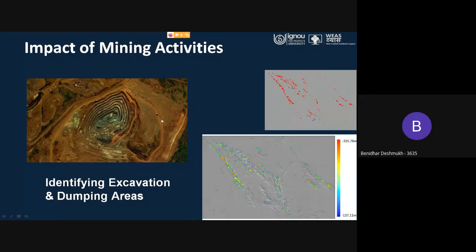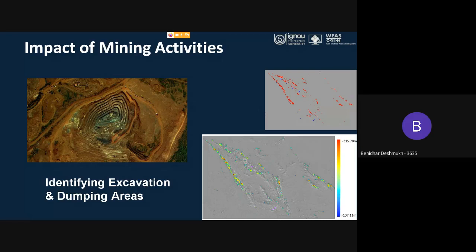So this is a top view of an open cast mine in one part of the Sandur belt. The top right map gives you an idea about the areas. It gives you only red and blue. Red are the areas where the excavation has taken place, and blue gives you an idea about the areas where dumping has taken place. What happens is they will mine, but not everything is the iron or the mineral which is of our interest.